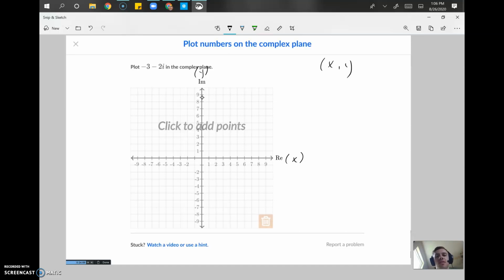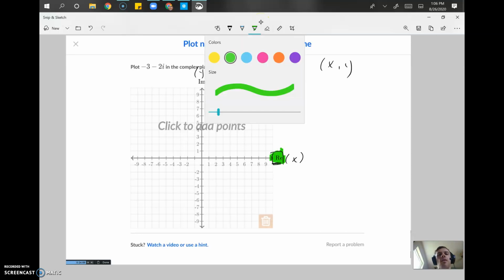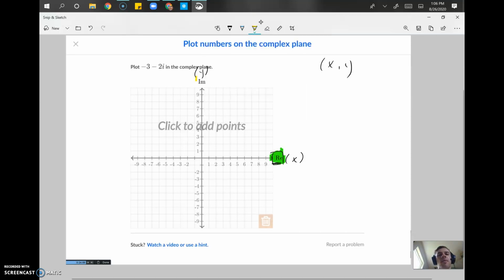The only difference is x isn't x, it's the real portion. I should highlight that. Highlight it green. And y isn't y, it's the imaginary portion. So essentially we're just plotting coordinate points, but these coordinate points are slightly different. There's the imaginary portion, there's the real portion.